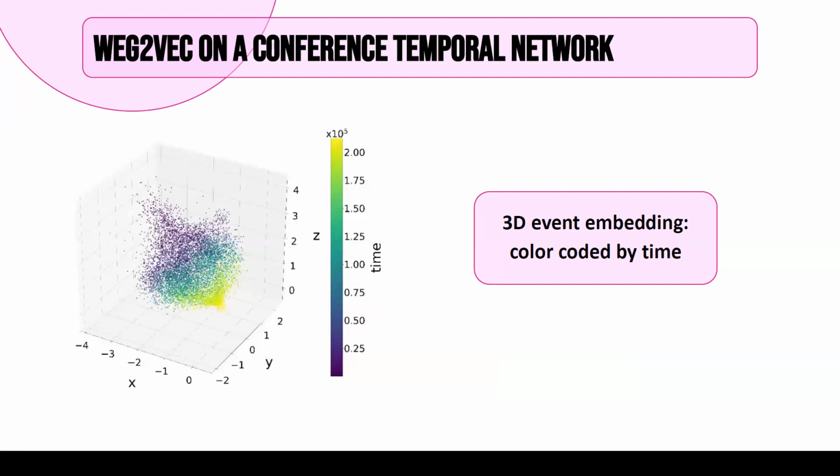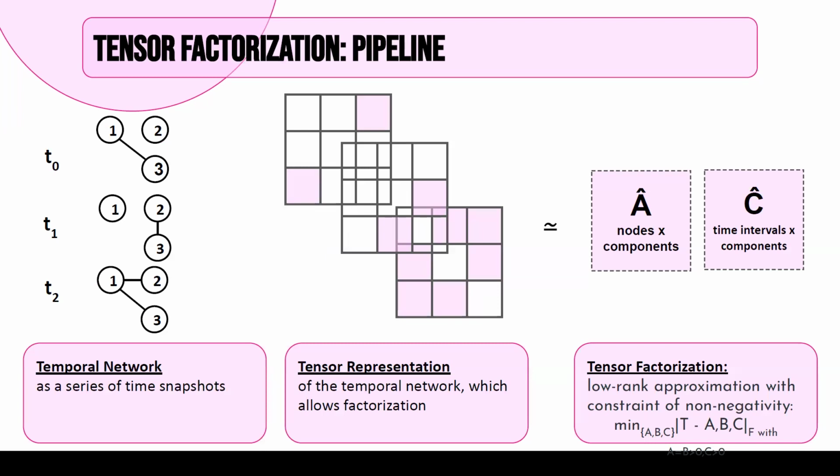Okay, so just to have an overview, this temporal network was a contact temporal network based on interaction in a conference. And if we want to add some extra methods for the dimensionality reduction of a temporal network, let me show you another thing.